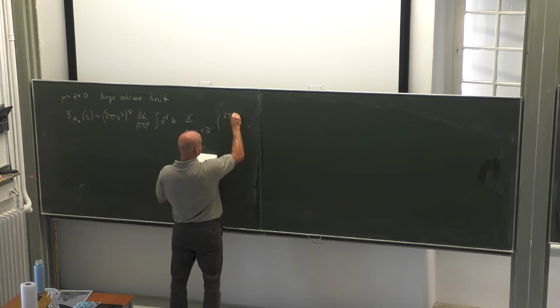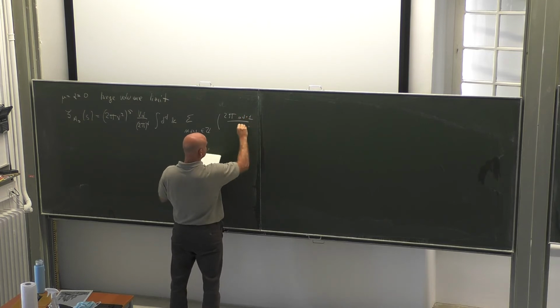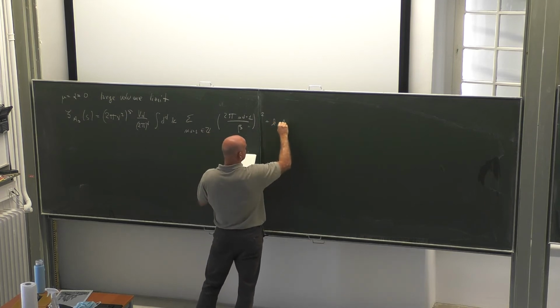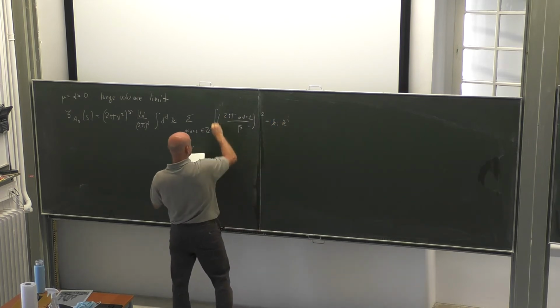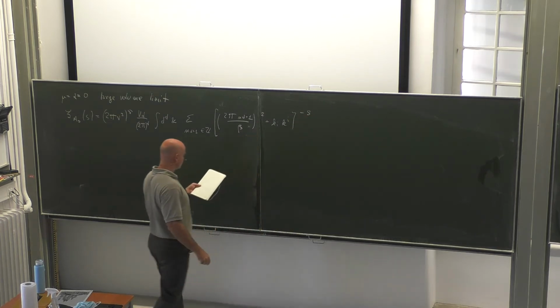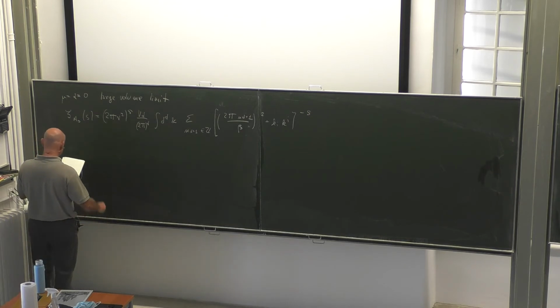And you have 2 pi n_{d+1} divided by beta squared, and the other ones become continuous, and you have the whole thing to the power minus s. And then there is one step that you have to do.